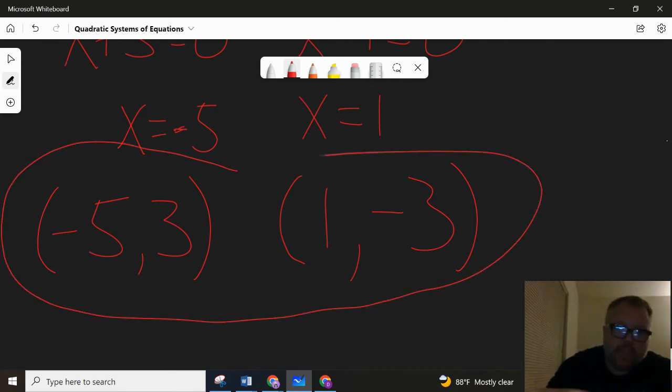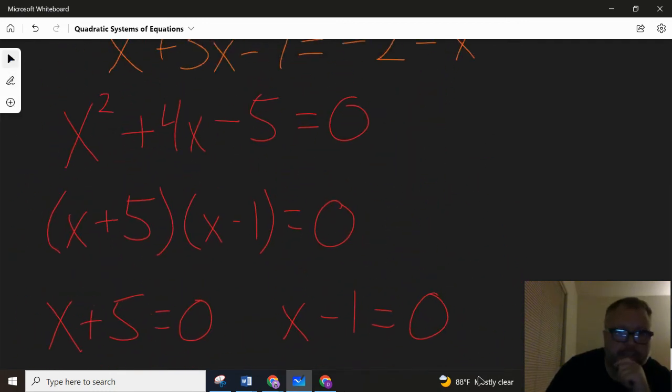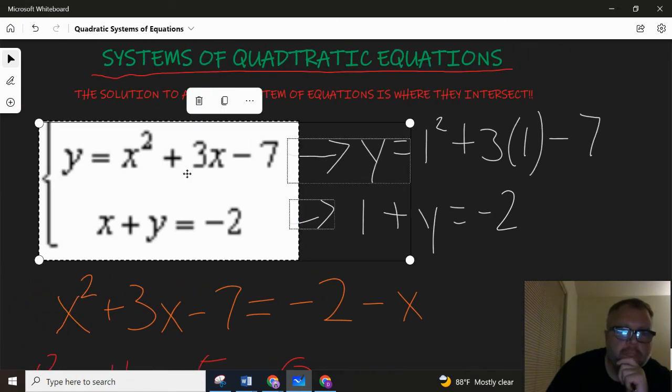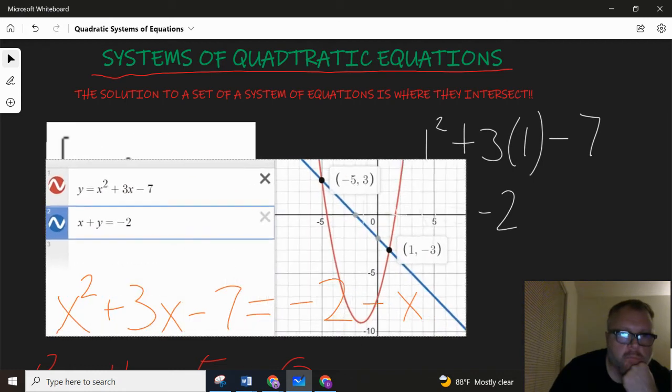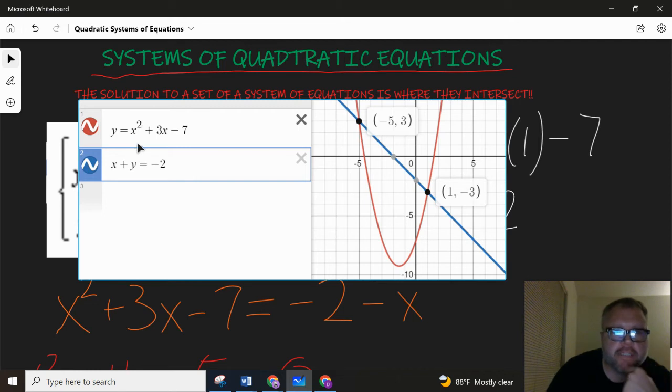These two locations, that's where these two functions intersect, right? And I always think the illustration is helpful. So here's the graph, courtesy of Desmos. Just plug in these two functions.